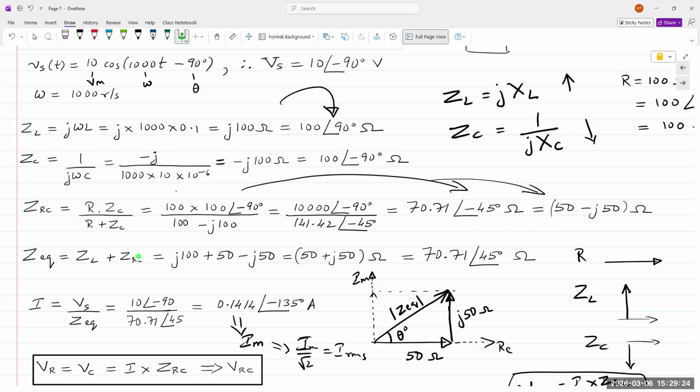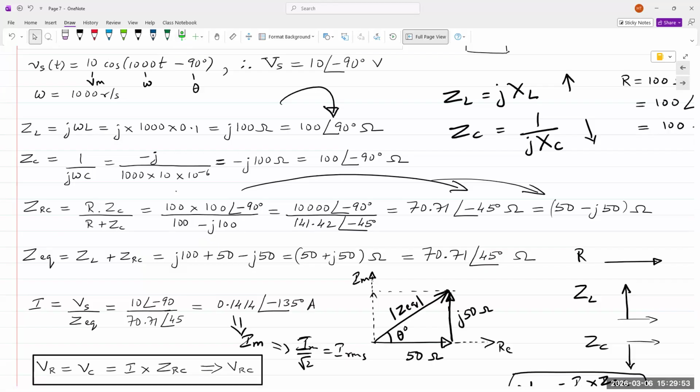I want to find ZEQ. ZEQ is the sum of all three together. I get j100 plus 50 minus j50. The total equivalent impedance, ZEQ, in the circuit is 50 plus j50, or 70.71 with an angle of 45.